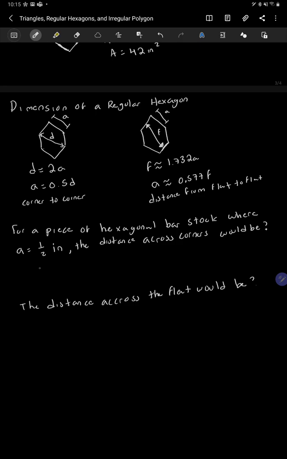So let's see, we have a hexagon and each of the sides is 1/2 inch. So we want to find the distance of the diagonals. We got 2a, so this is equal to 2 times 0.5. So the distance from a corner to another corner is 1 inch.